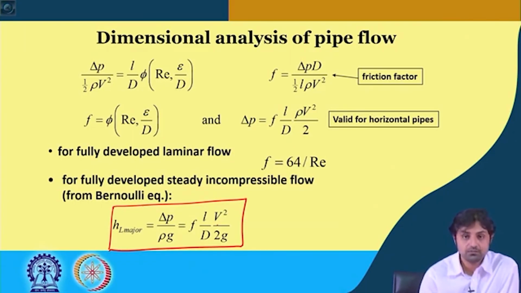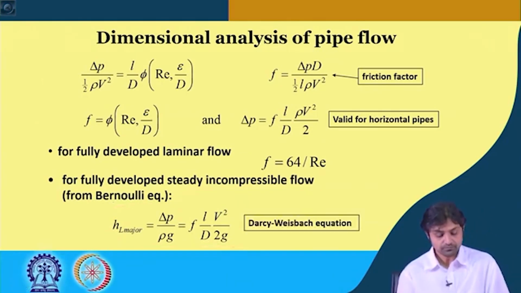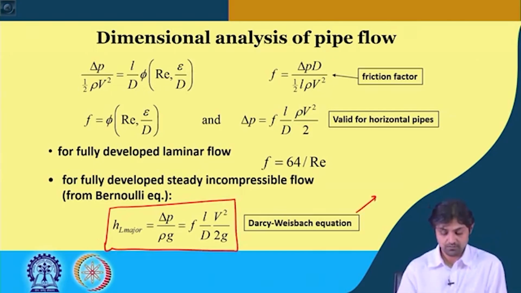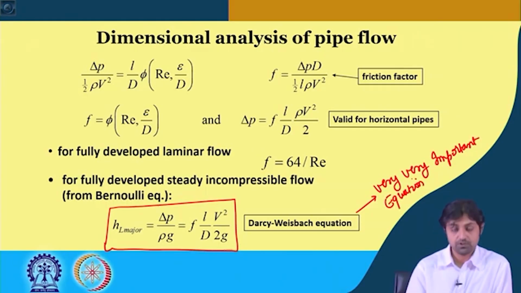So again the problem is we still don't know F, but we know it's a function of Reynolds number and epsilon by D. And this particular equation is called the Darcy-Weisbach equation, a very, very important equation for the major head losses in the pipe.